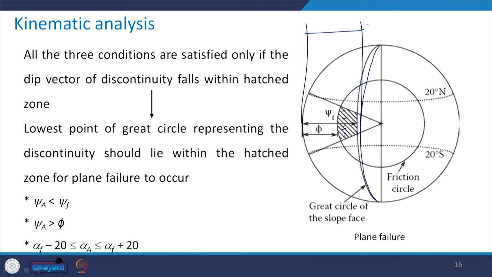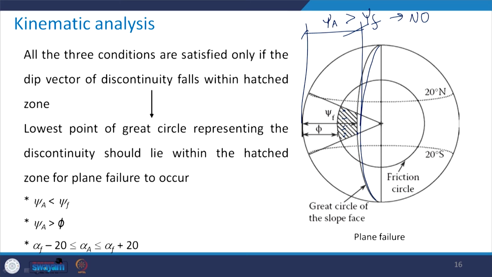This will become psi A, which will become more than psi F, and therefore no plane failure. So, that means it has to be within this hashed zone. So, that is one thing.